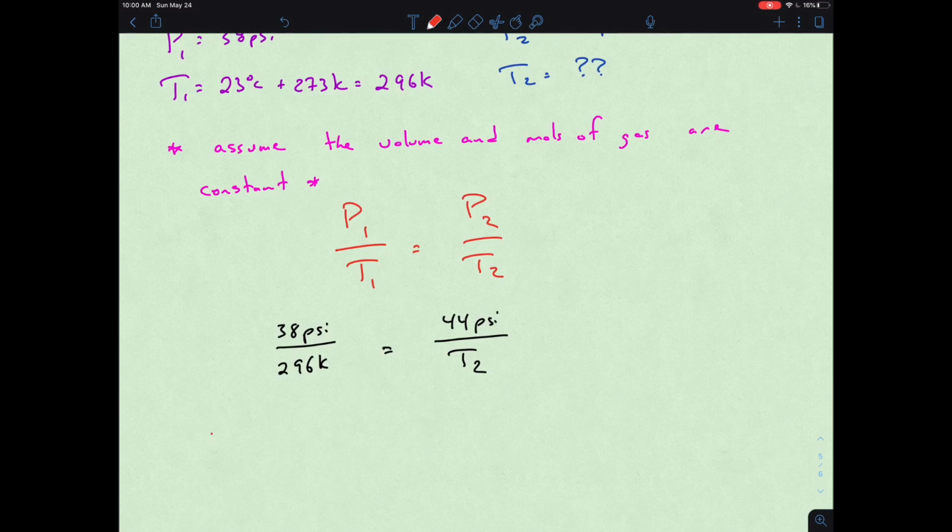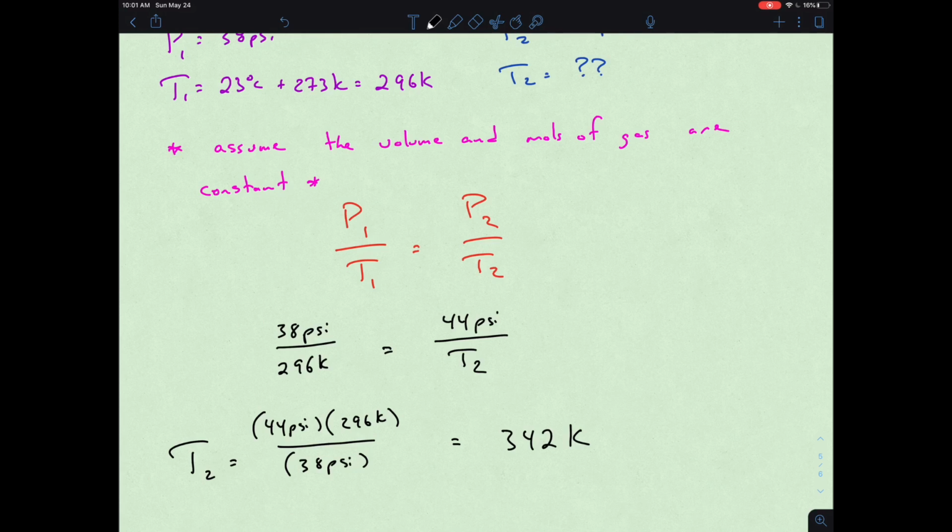And so we can manipulate this expression to solve for T2. Something like this, and our psi cancel out, and we end up with a value of 342 Kelvin, or basically 69 degrees Celsius.